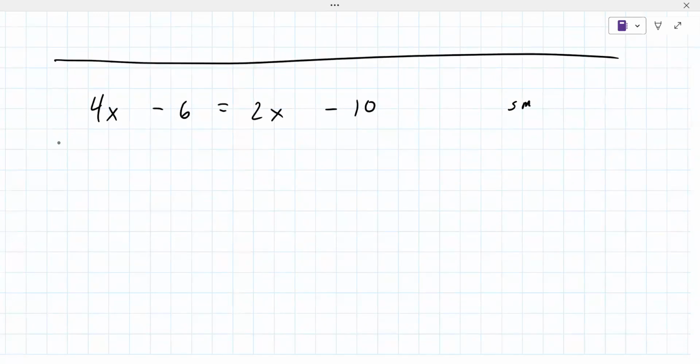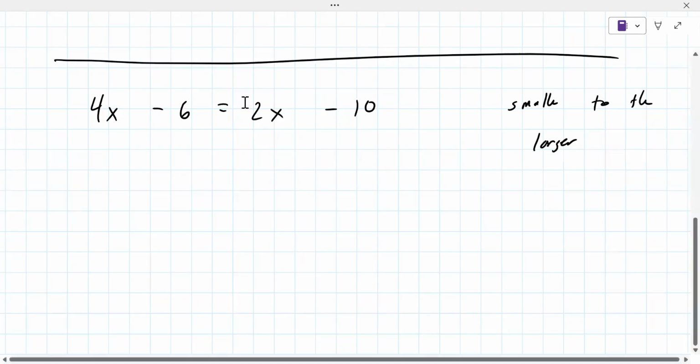And again, you move from the smaller to the larger. x equals -4. Okay, what did you do first?